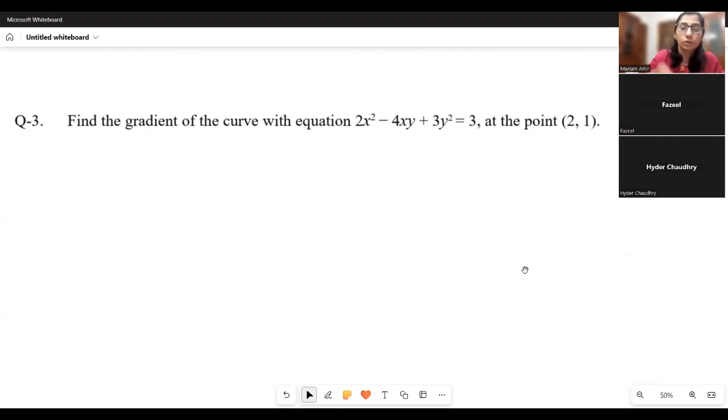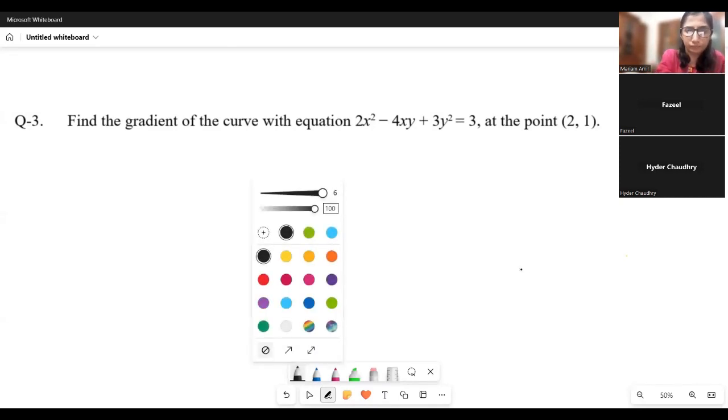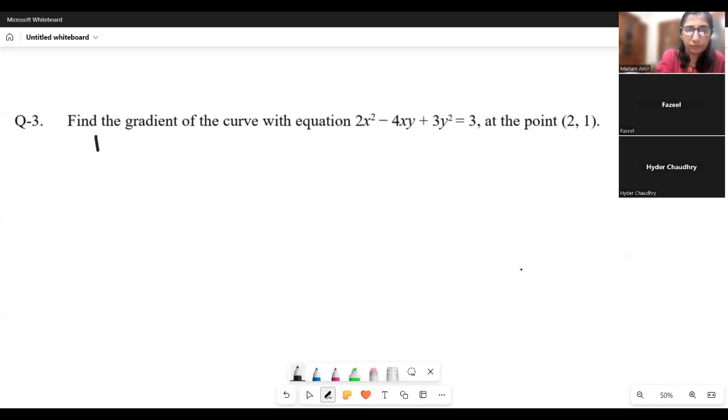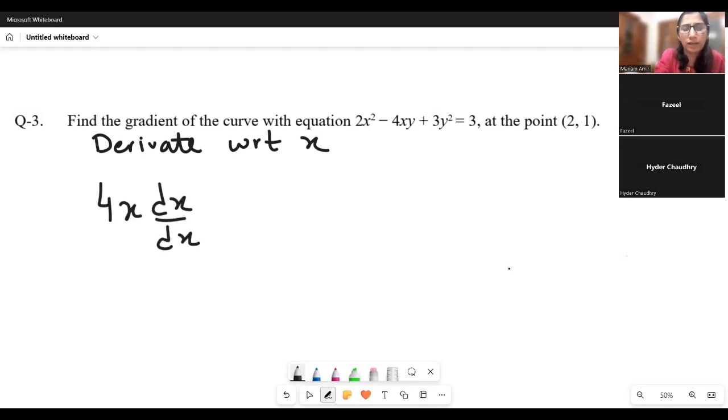So now what you have to do, you have to differentiate this with respect to x. Let's start doing that. 2x squared का तो हमें derivative पता है. क्या होता है? 4x. So the derivative of 2x squared would be 4x. अब इसके साथ there's also a dx over dx, which we never write because it cancels and gives us a 1.